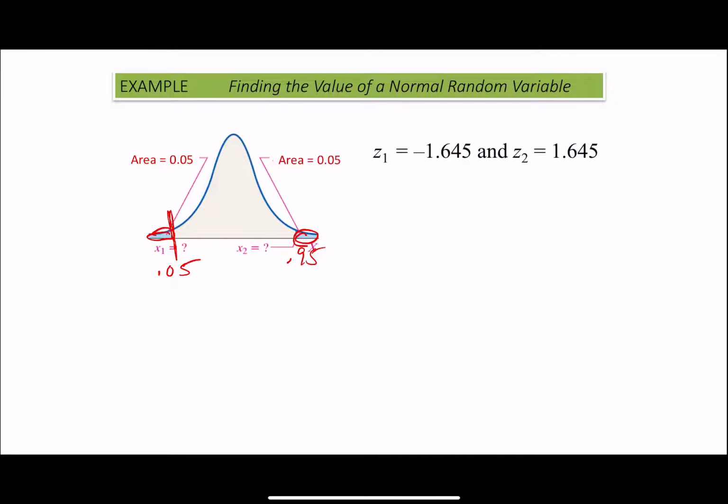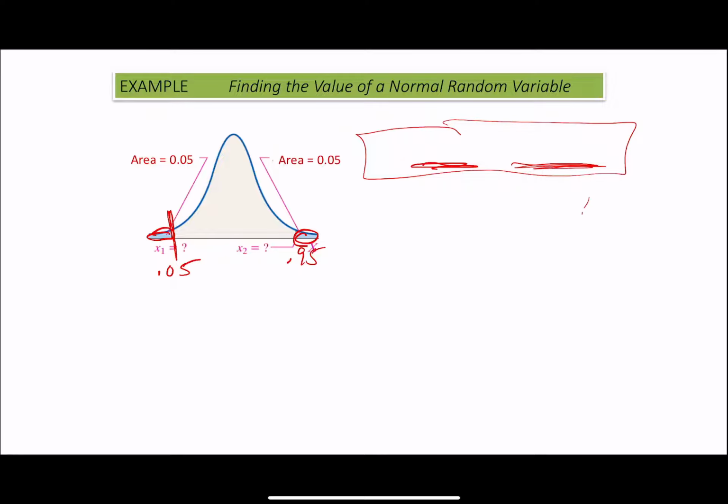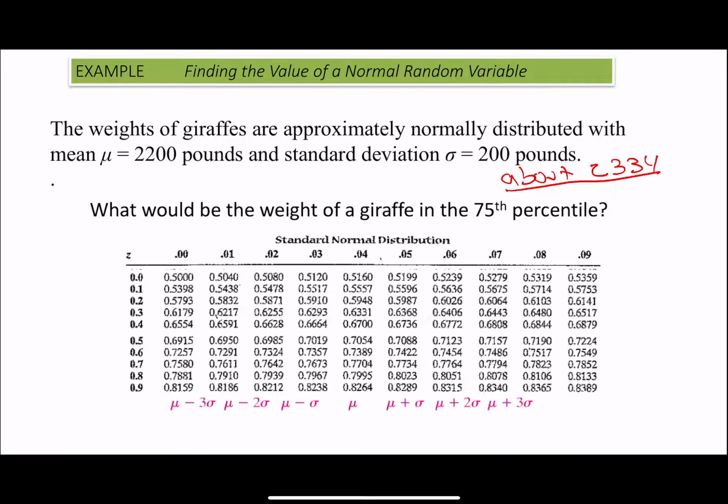If I looked at my z-score table, I would get this as my z-score. It's going to be the same, the positive and negative. You're going to see that with all of them. So probably what I would have done with my z-score is look for 0.95. I can get back to a z-table here.